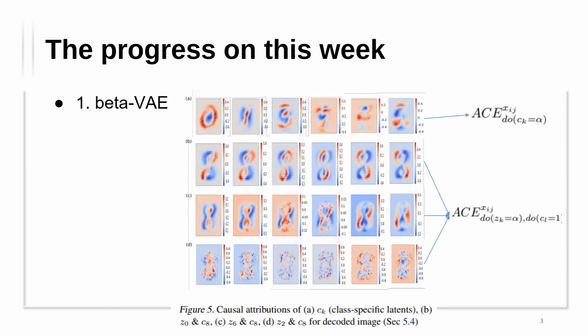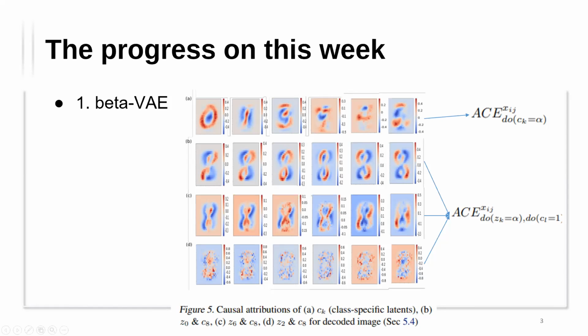For example, for Z0, we only know that it controls the rotation or scaling factor for some digit, but when we train the models, we don't know which digit it controls. So here you can see Z0 can control any.